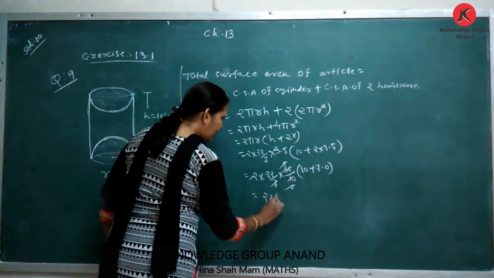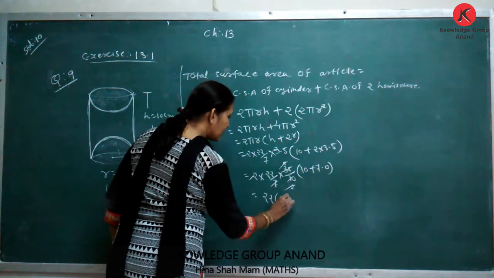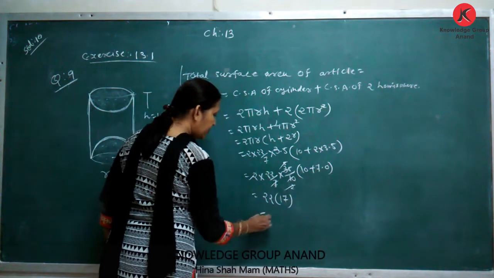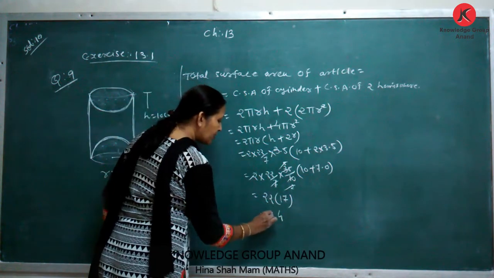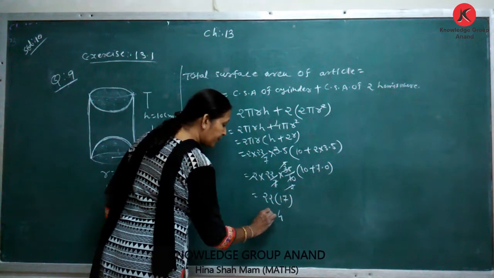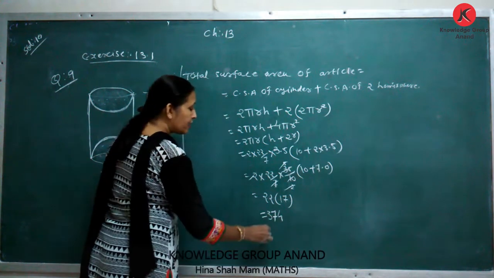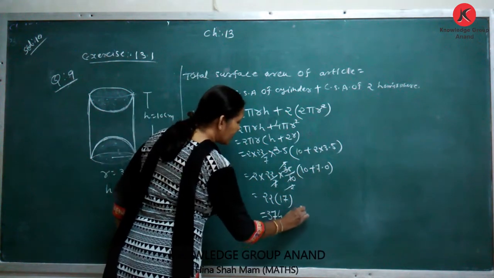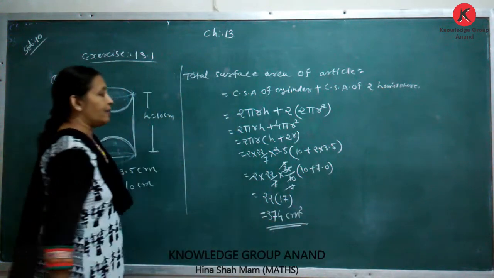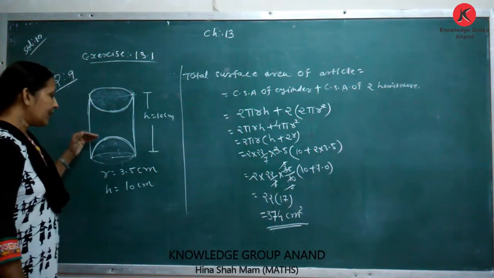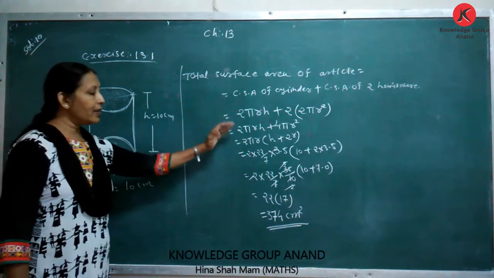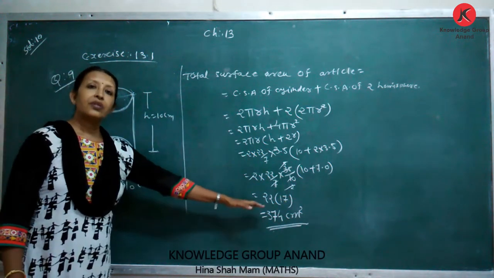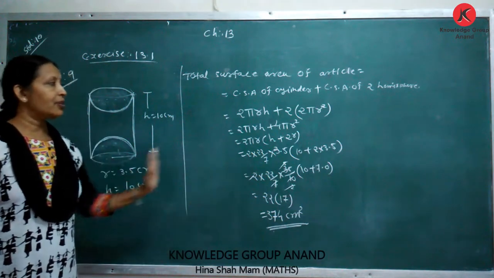Here 22 into 10 plus 7, 17. 17 twos are 34, and 3, 17 twos are 34 and 3 is 35, 6, 7. 374 centimeter square.